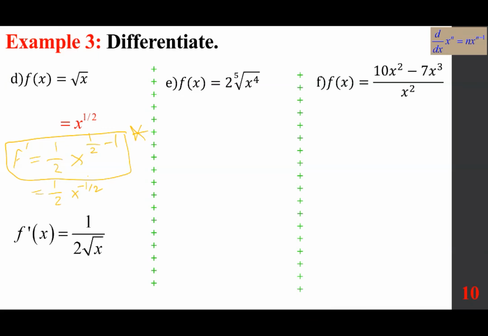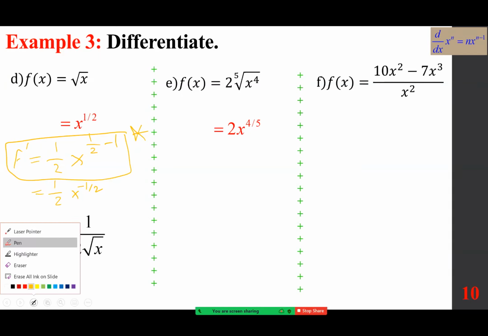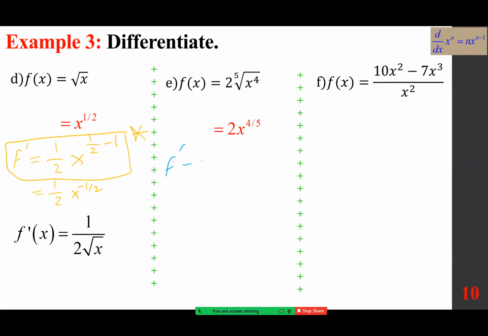The next one, again, algebraic technique, will rewrite it as 2x to the power of 4/5. So f prime is 2 times 4 over 5 x to the power of 4 over 5 minus 1.